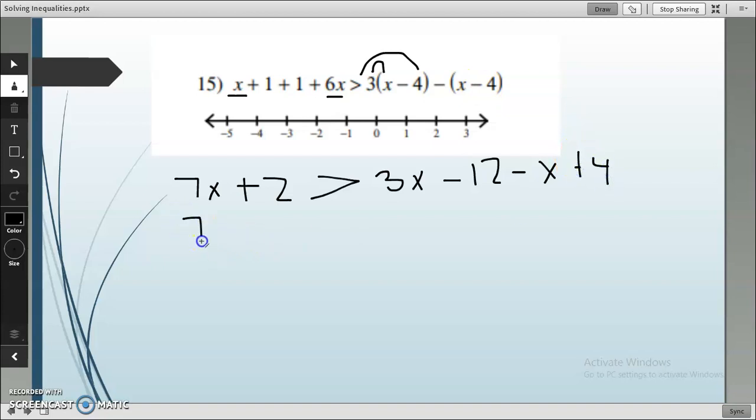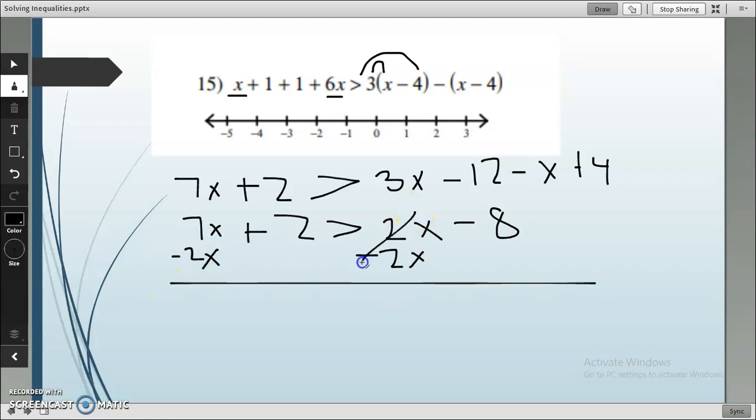So I need to go ahead and add my like terms on my right side. So let's do that. 3x minus x is 2x. -12 plus 4 is -8. Now the next thing I want to do is get my variables on one side. So I'm going to subtract 2x from both sides. 2x is crossed out.